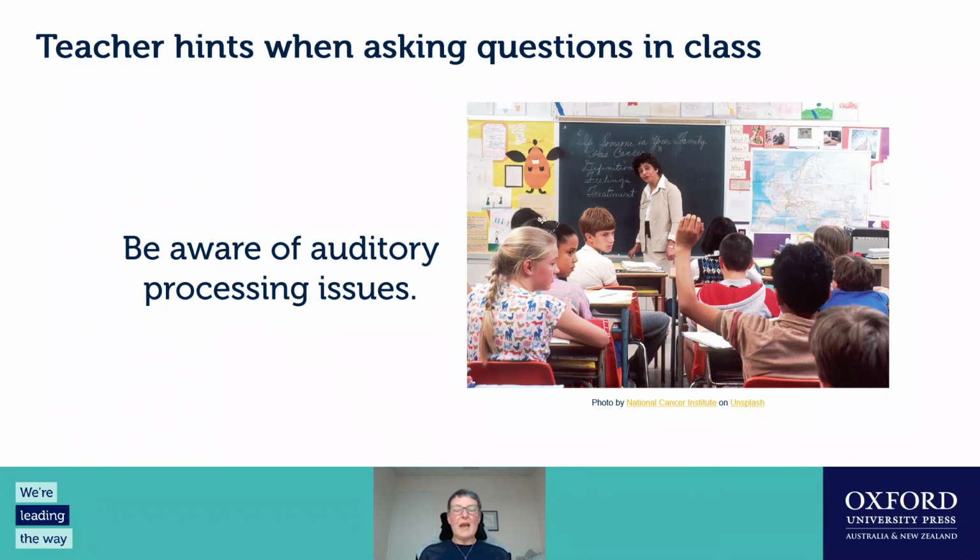So maybe having a list of the key words on the board and just pointing at the key word is really, really useful for students when you're saying, can you describe this? Can you contrast this? Pointing at those particular keywords as you ask the questions in class will give the students a hint.